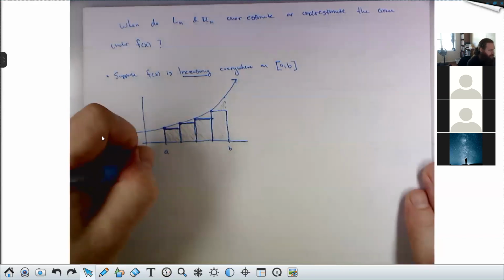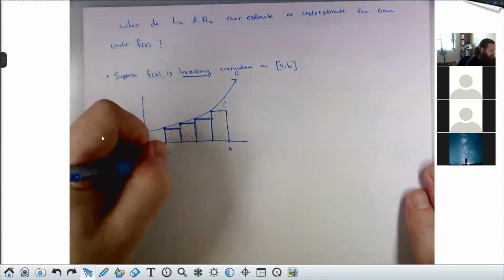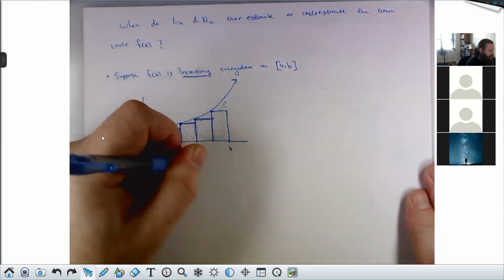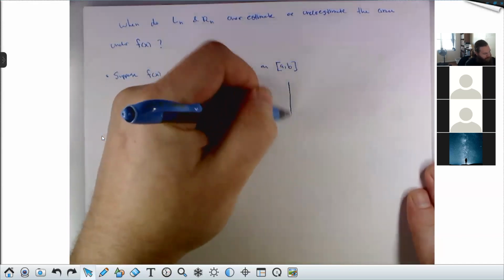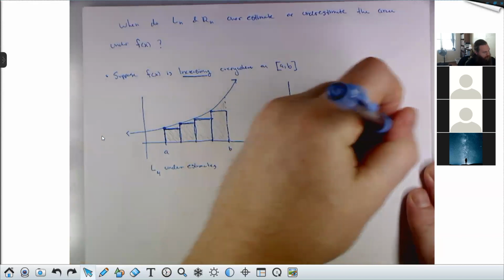So L4 here underestimates. And you can imagine what this picture would look like with R4.